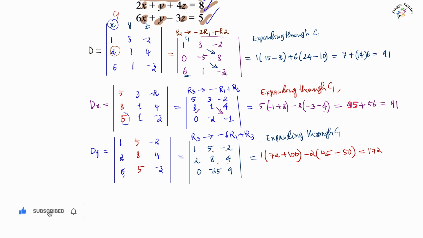This one will be minus 5 times 2 is negative 10, so minus times minus is positive 10, so our answer will be 182.